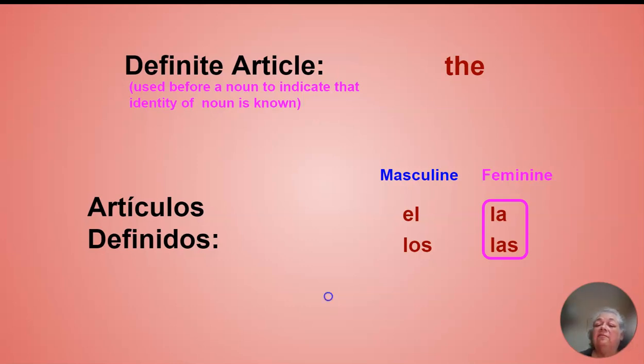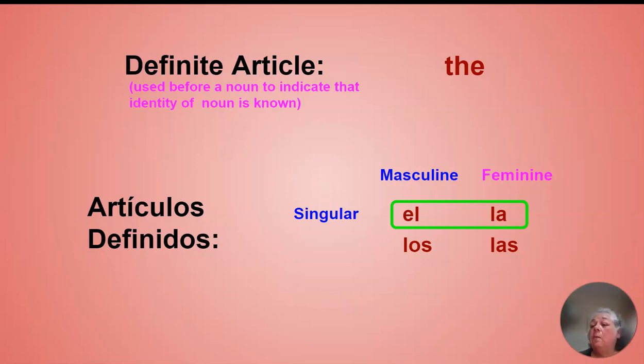The other way to classify our definite articles in Spanish is by saying if we have one of the noun or many of the noun. For instance, boy or boys. If we have one, we call that singular. And we have 2 options for artículos definidos, one for masculine and one for feminine, el and la.